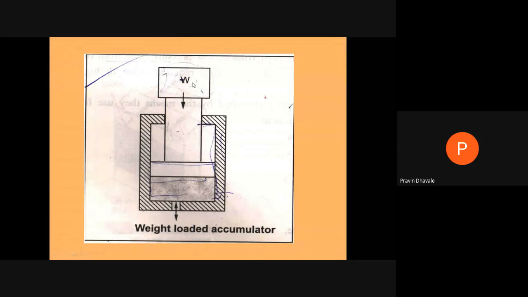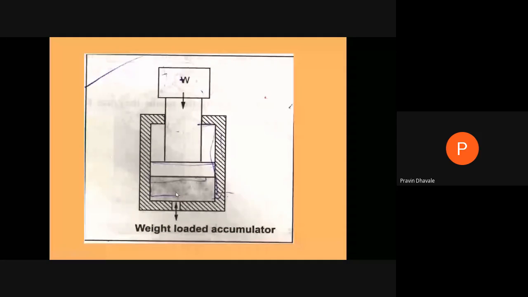On the top of this piston rod there will be weight, right? Dead weight, which may be a concrete block or steel plate, mounted on the top of the ram. So this ram is loaded with the dead weight. At the base of the cylinder, on the piston side, there is one opening for the supply of fluid from the pump to this cylinder.